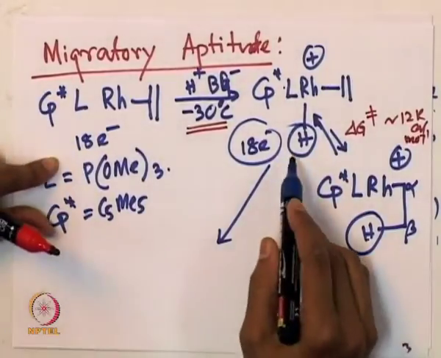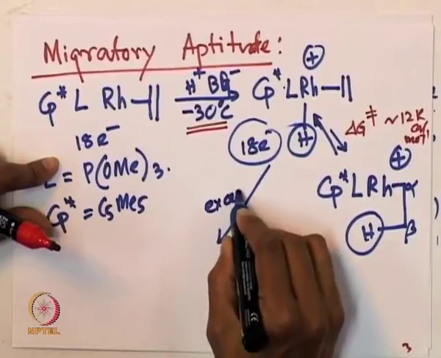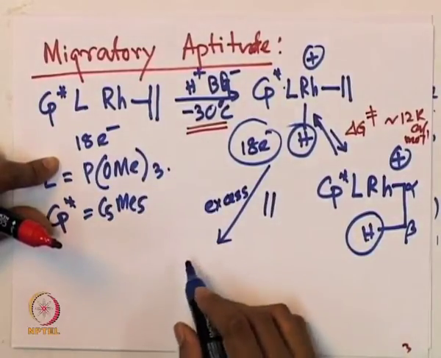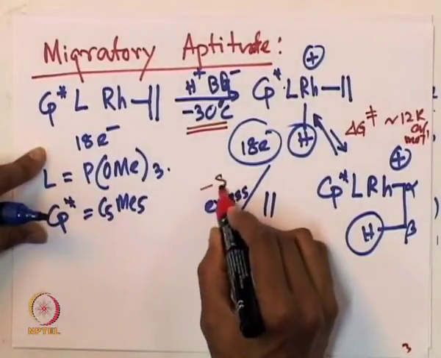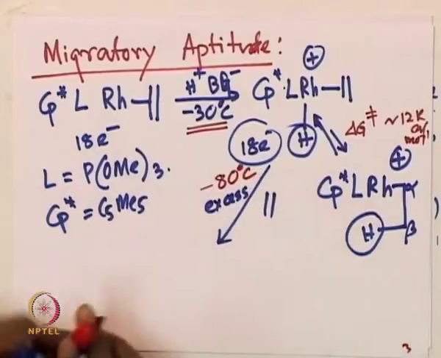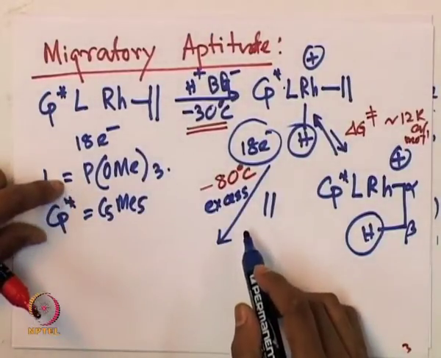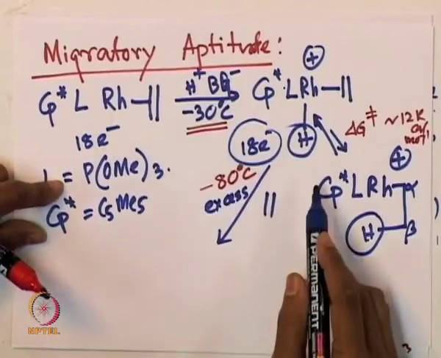But if you do this reaction in the presence of excess olefin, what you could expect is that you are further slowing down the reaction, or doing the reaction at a lower temperature where you will be able to bind another equivalent of olefin.